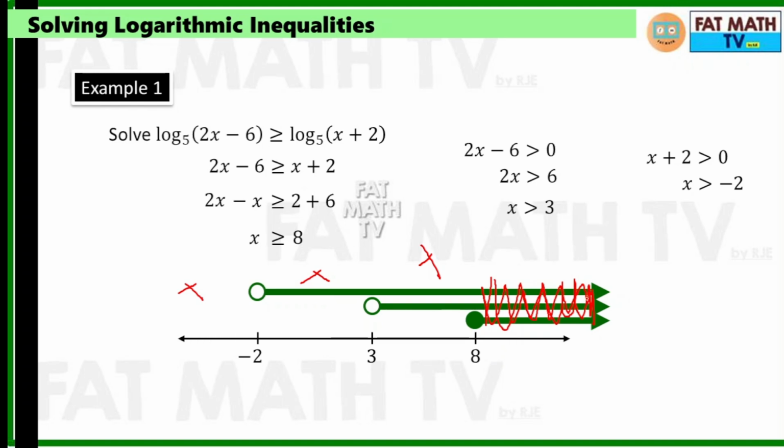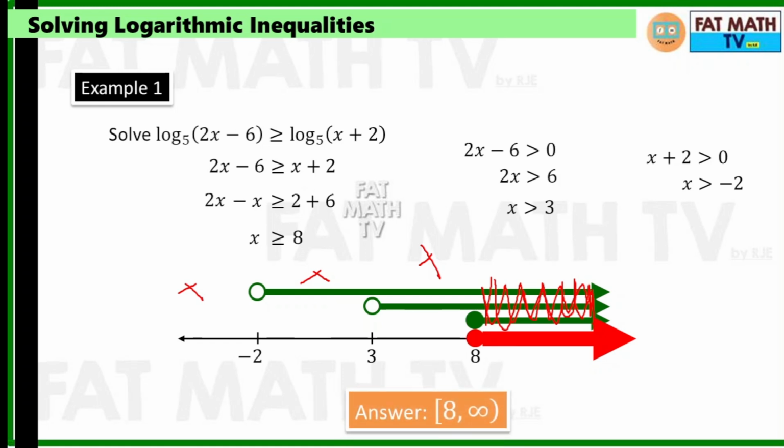So all numbers greater than or equal to 8. So we have to identify the intersection of these three intervals. So we can conclude now that the answer or the solution is the set of all real numbers greater than or equal to 8. In interval notation, that is bracket 8, positive infinity.